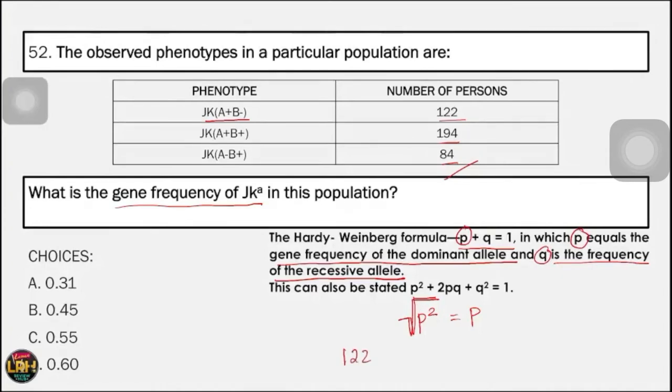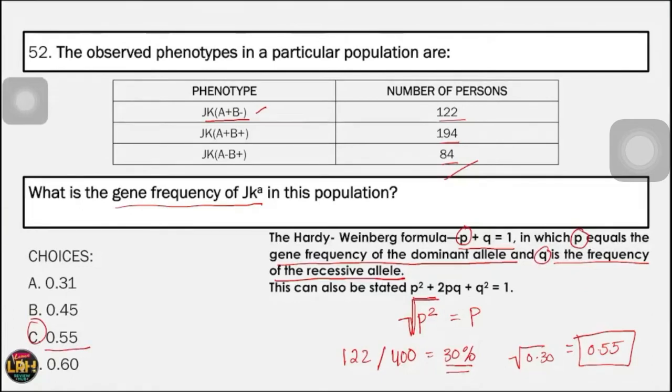So, 122 divided by 400, there are about 30% persons that are considered homozygous for the trait Jka positive, Jkb negative. So, what is the square root of 30%? The square root of 0.30 is equal to 0.55. So, the answer for number 52 is letter C, 0.55.